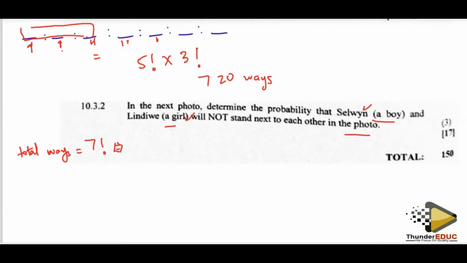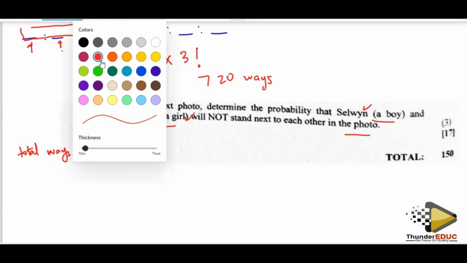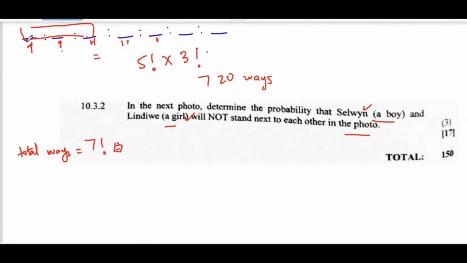So if I were to take both of them to be together, which means I'm having a block of 2, how many ways can they move? 1, 2, 3, 4, 5, and 6 ways. Okay, so that's going to be 6 factorial. And the 2 could switch positions. Okay, 6 factorial times 2 factorial. That is the number of ways for them to be together.